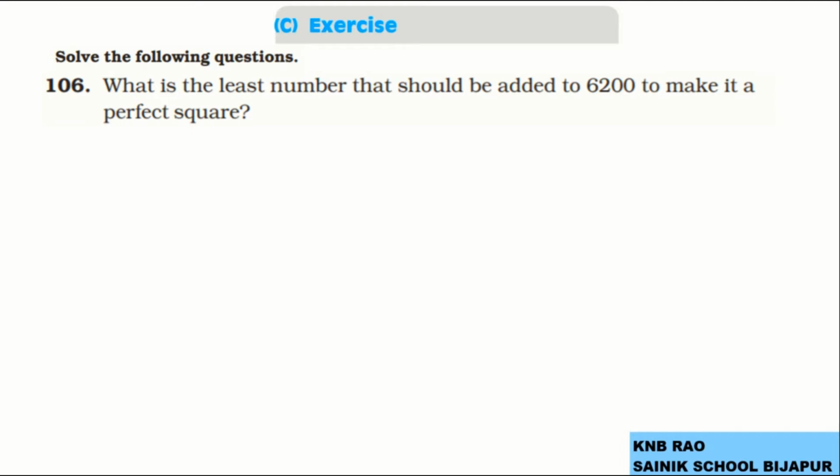Students, in this question 106, what is the least number that should be added to 6200 to make it a perfect square? If you want to find out what is to be added, you compulsorily need to find the long division of this 6200.